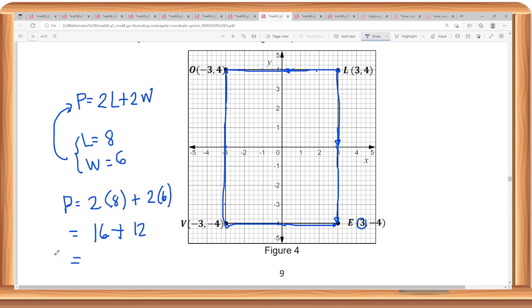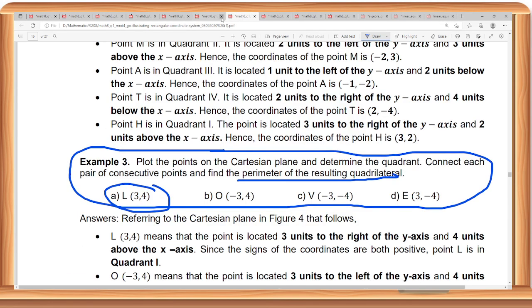The perimeter therefore is equal to 28 units. So that is how you apply the Cartesian plane in solving for the perimeter of a quadrilateral that is formed. Okay, so that's it.